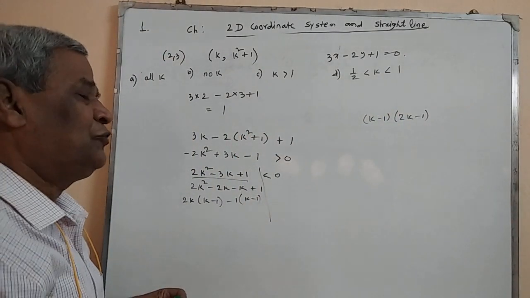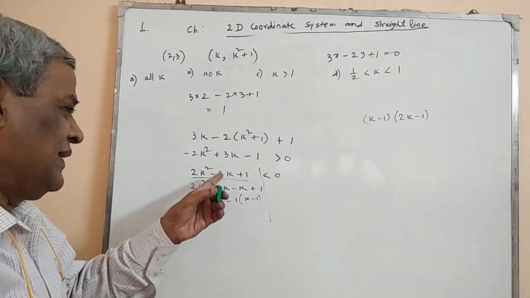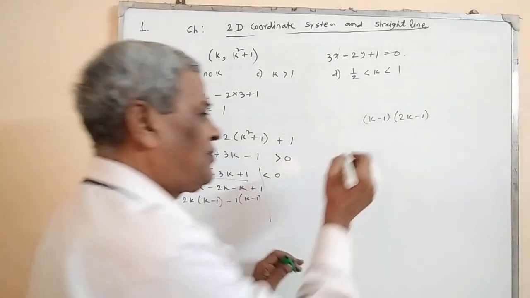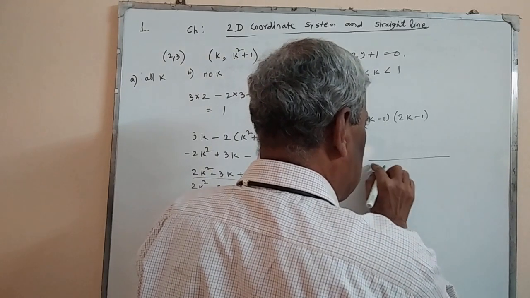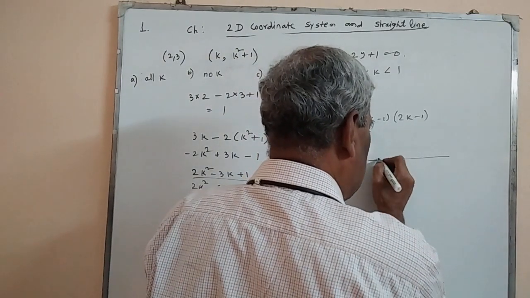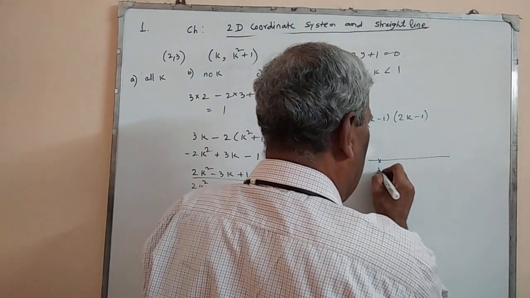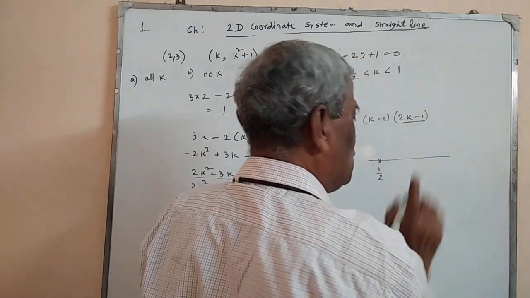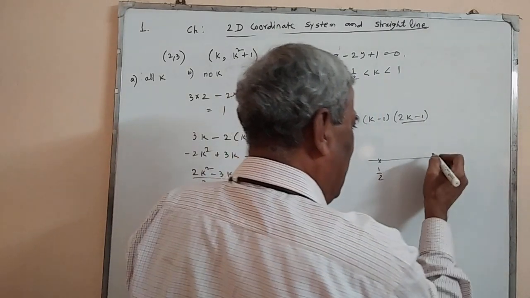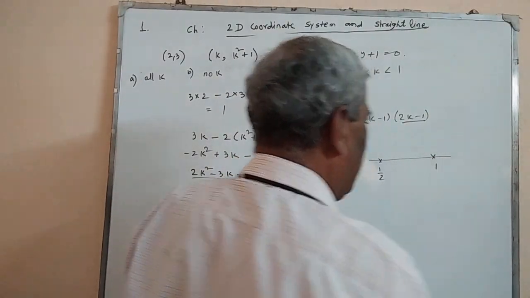Now let us see for what values of k it must be negative. Suppose this is the x-axis, this point is half. Half means solving 2k minus 1 is equal to 0, k is half, and this is 1.